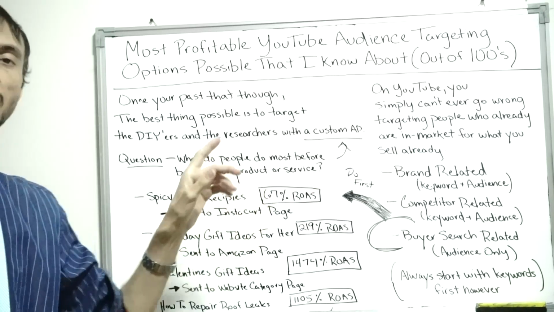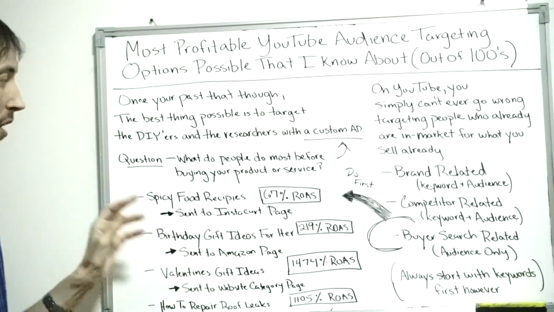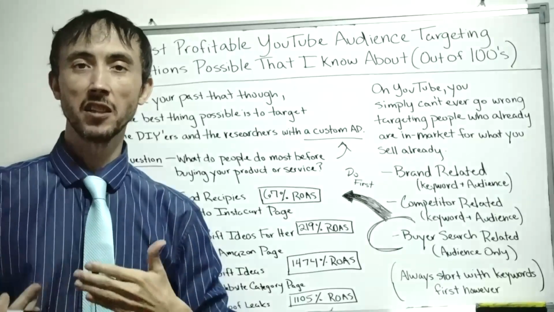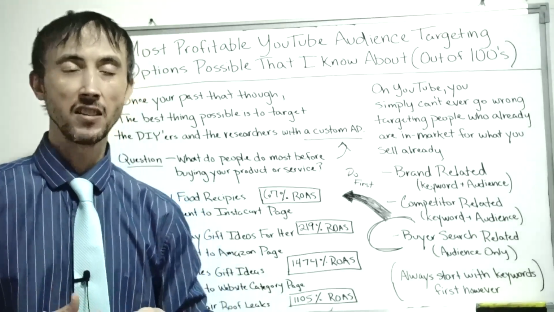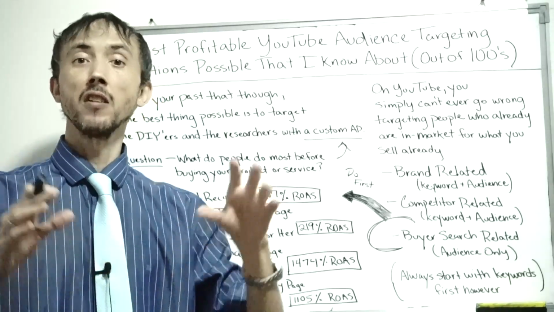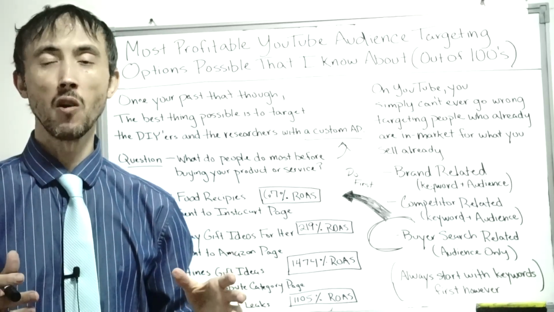Now this only got a 67% ROAS overall, or return on ad spend, which was good enough for them, because a lot of times if you're going to scale a company like that where you're selling hot sauce, because the price of the product is so low and the cost of ad spend so high, you're not going to be able to get 1,000% ROI on a campaign.